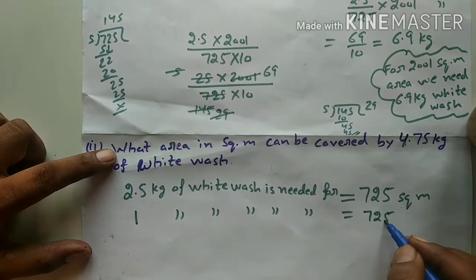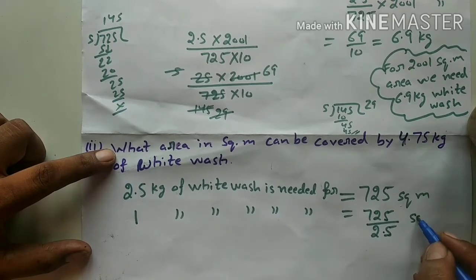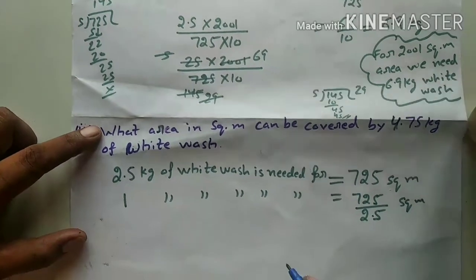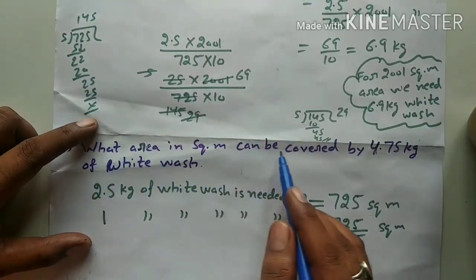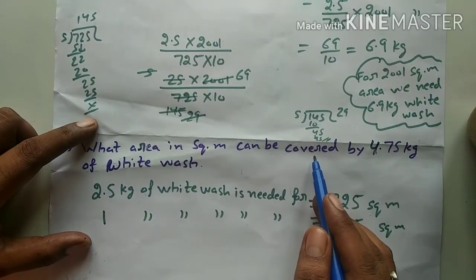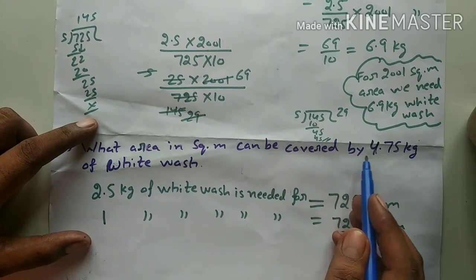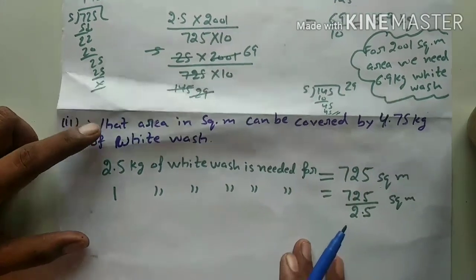725 square meter will be divided by 2.5 square meter. Now what is in the question part? What area in square meter can be covered by 4.75 kilogram?